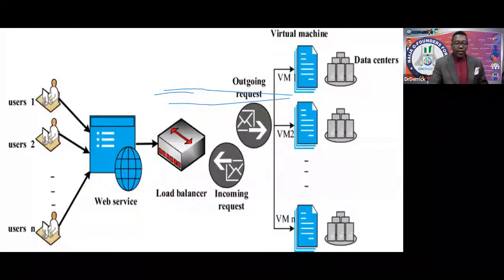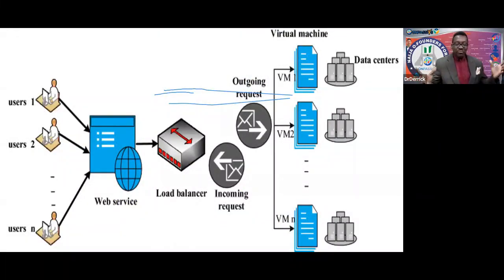So let us look at a simple diagram that gives the layout. Say for argument's sake, one user is using a computer in Jamaica, another user is in Nigeria, and another user is in the US or in the UK or in Japan or wherever that user is. That user goes up to the web service that he's actually using, and then from the web service, it goes to a load balancer.